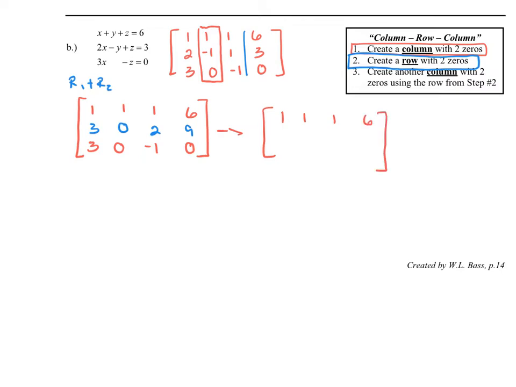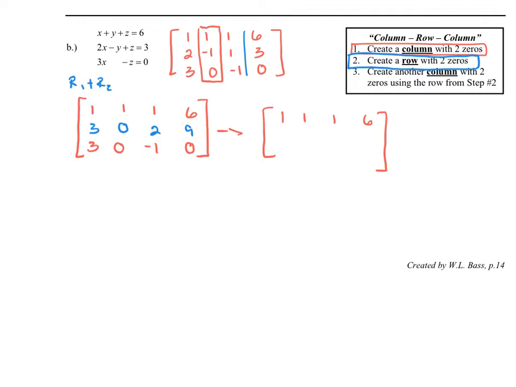What I want to do is look at my 2 rows that currently have a 0 in it, so I'm looking at this one and this one, and thinking that I want to create an additional 0 in one of these rows. Now there's a lot of ways that we can do it, but I'm going to focus on the fact that both of these are 3s, in which case I can either add row 2 to row 3 or row 3 to row 2. It doesn't matter, but I'm going to change one of these into a 0.